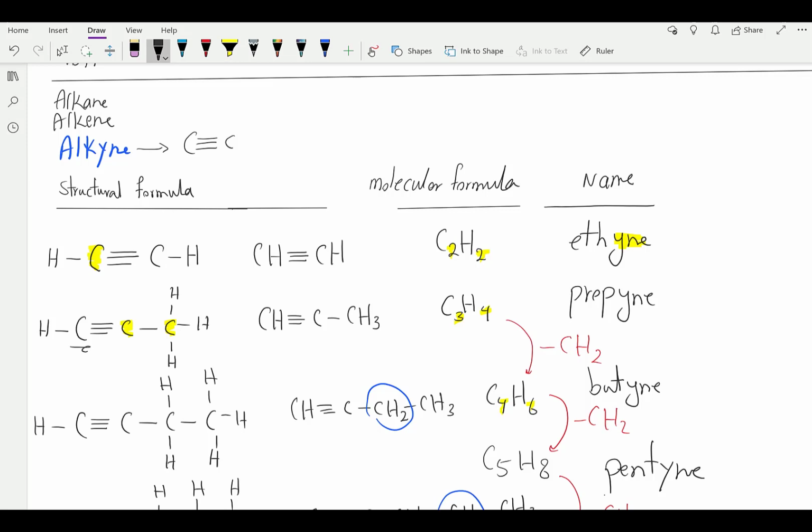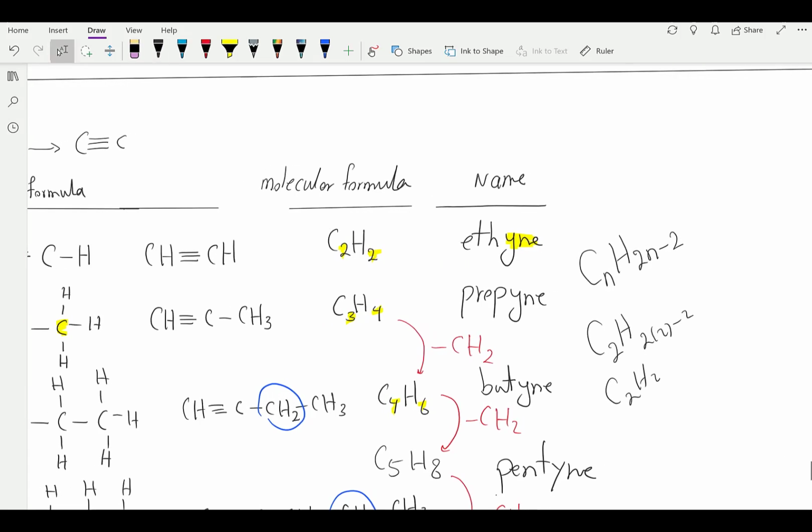For the alkyne, the number of hydrogens is twice the number of carbons minus 2. So if, for example, you have 2 carbons, the number of hydrogens is 2 times 2 minus 2, which becomes C2H2.